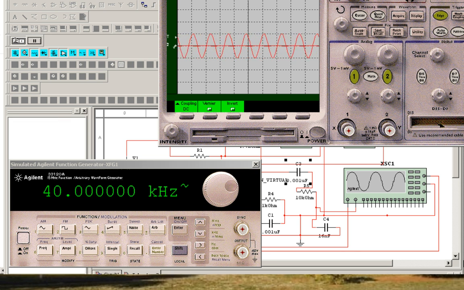Yeah, it's that resistor probably. I don't know why that level's so low.